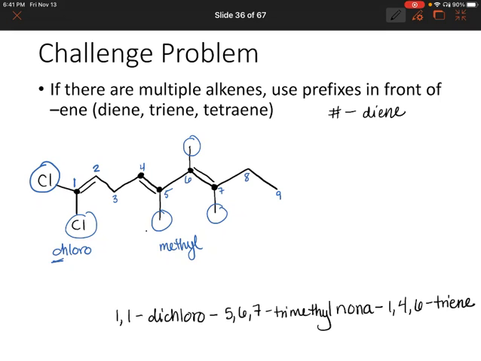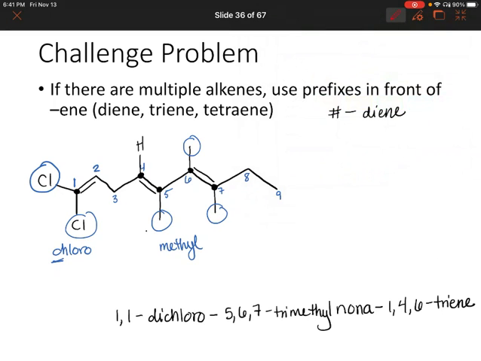All right, so let's start with our double bond between carbons 4 and 5. And it looks like there are 4 different groups bonded to that double bond. So we do have a hydrogen up above there at carbon 4. So let's prioritize those groups.